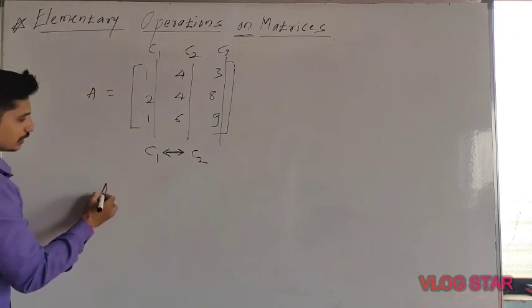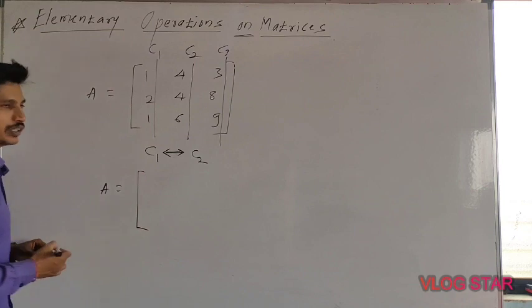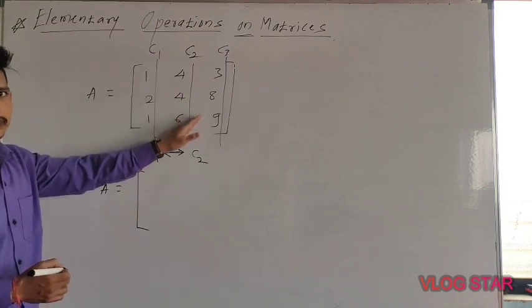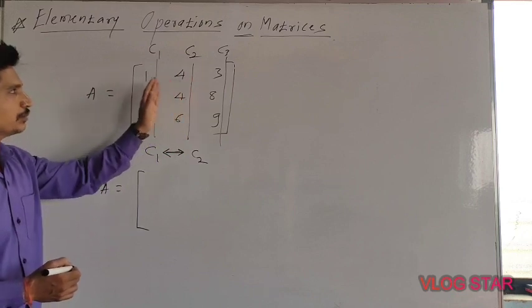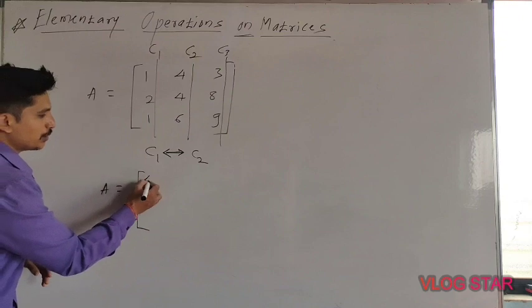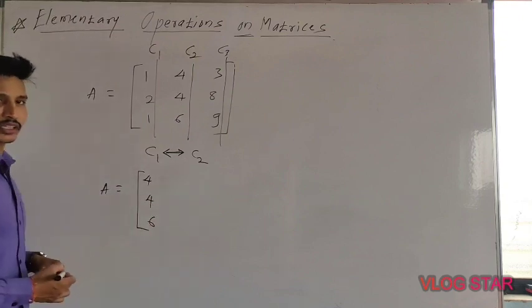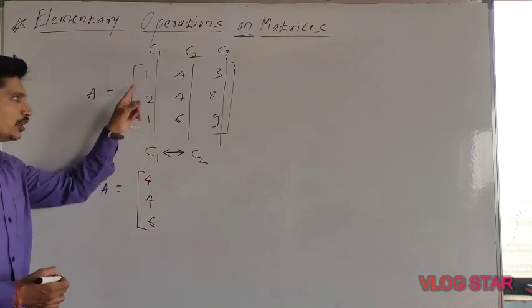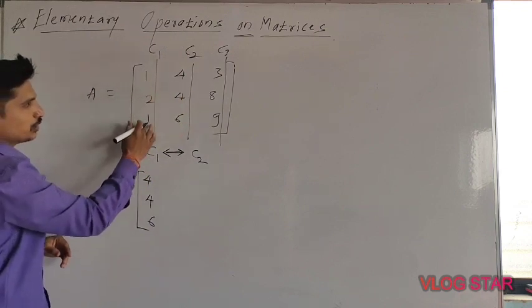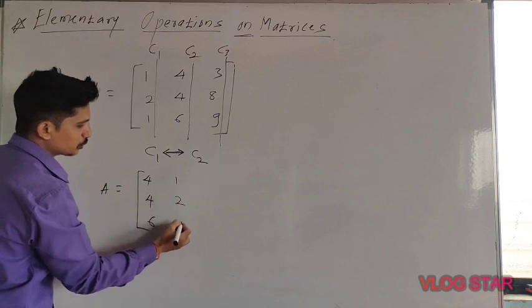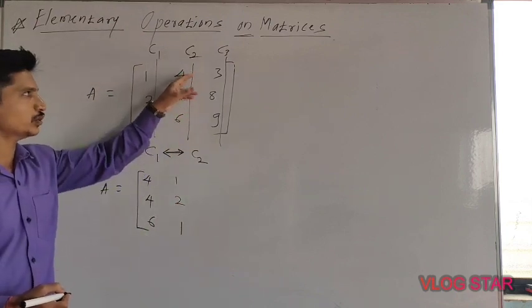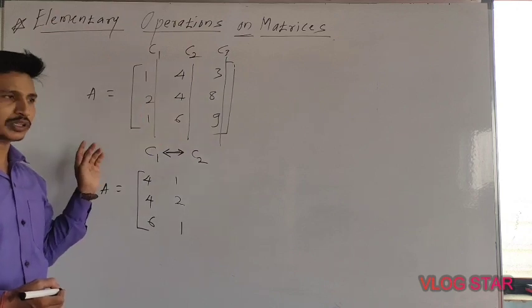See how we interchange here. 1 2 1 goes to column 2's place and column 2, that is 4 4 6, comes to column 1's place.